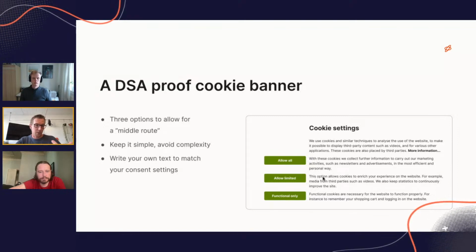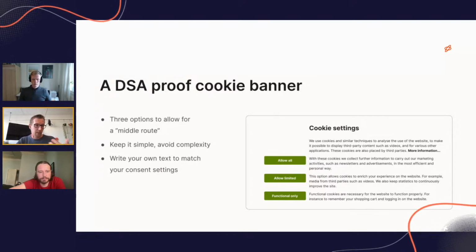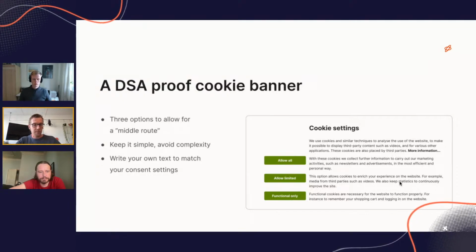Specifically because what it says in the text here: this option allows cookies that enrich your experience, for example, media from third parties such as videos or Google Analytics statistics. Those are not strictly speaking functional cookies, because the website will function perfectly fine without media, without YouTube items, without Spotify playlists, and without Google Analytics.